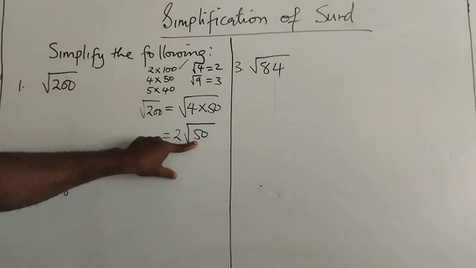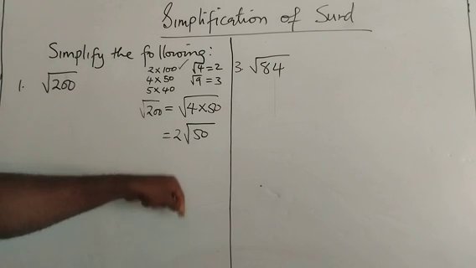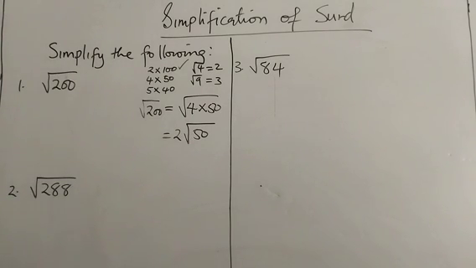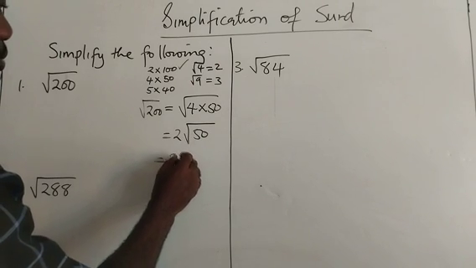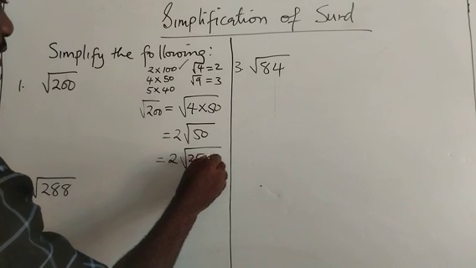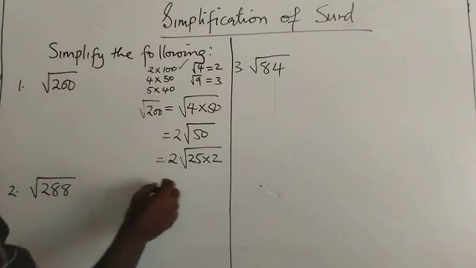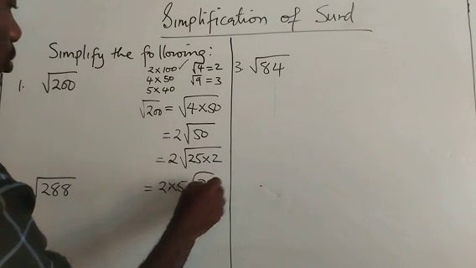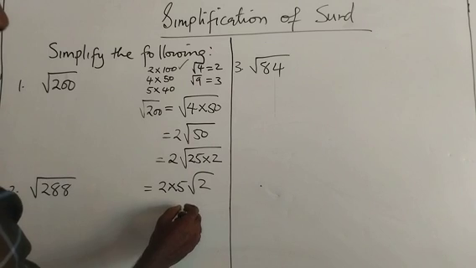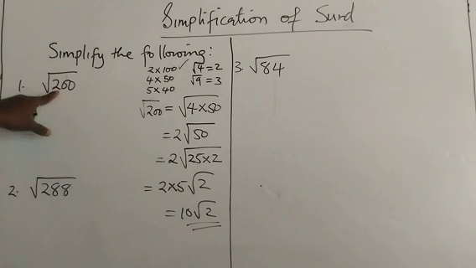This is not the lowest form of root 200 because 50 is still big. You need to go down again in order to get the final answer. Simplifying further, we'll have 2 root 25 times 2. 25 is a perfect square, and it comes out as 2 times 5 root 2. 2 times 5 will give us 10. 10 root 2. That's the simplest form of this surd.